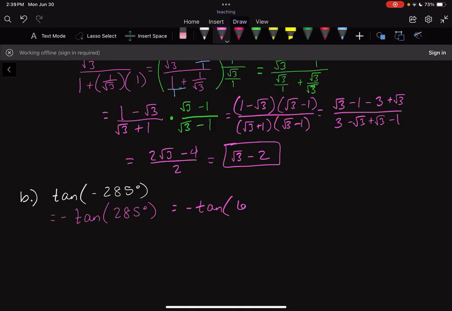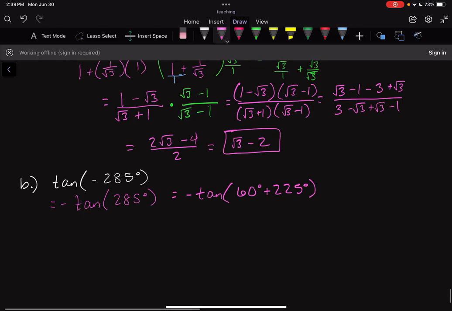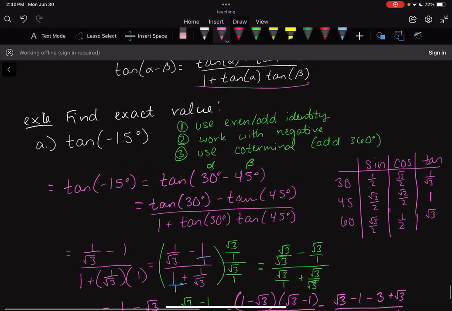I'm going to use 60 and 225 for this one. So then I'm going to write in with my identity, and I just have this negative hanging out the whole time. So I'm going to put parentheses around my actual identity part. So it would be tangent 60. Remember, I'm using these identities up here.